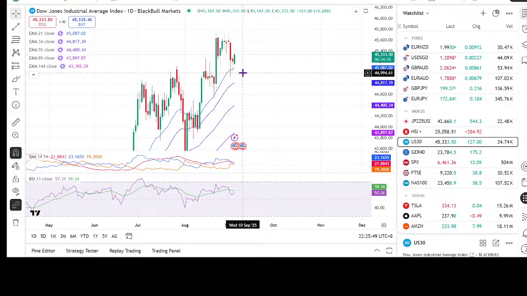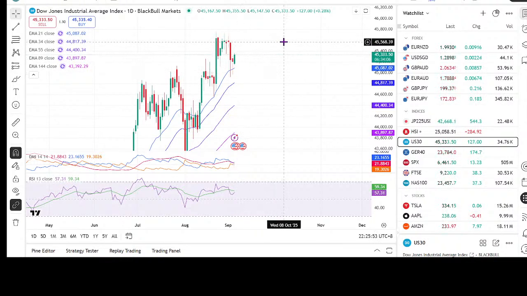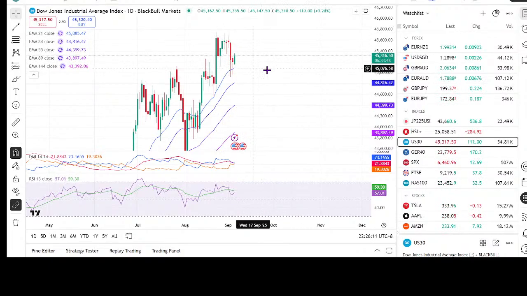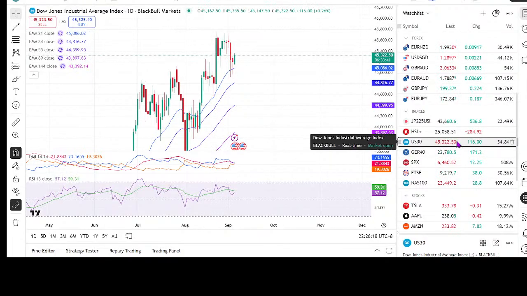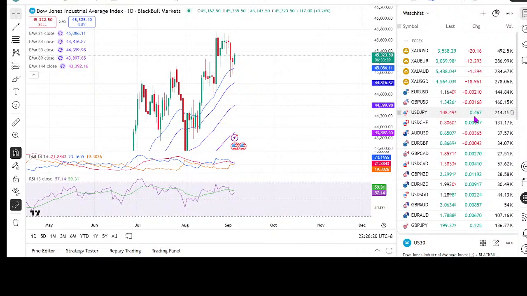On the day, this is trading above the previous day high, which means today we can see the price move towards 460 and 550. But of course, the high is not seen yet according to our analysis. So probably if it breaks this high, then we might see the price pushing even higher.